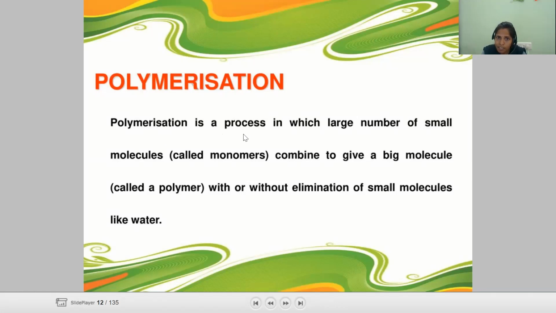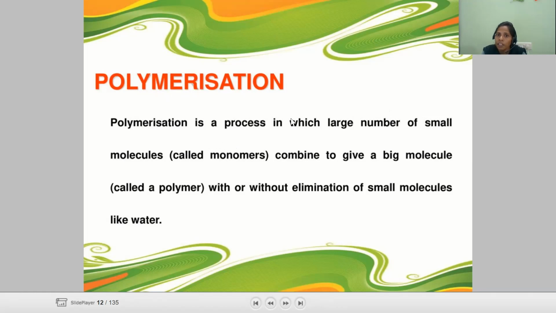Polymerization is a process in which a large number of smaller molecules combine to give a big molecule, with or without elimination of small molecules like water. Simply, we can write: polymerization is a process of formation of a polymer.